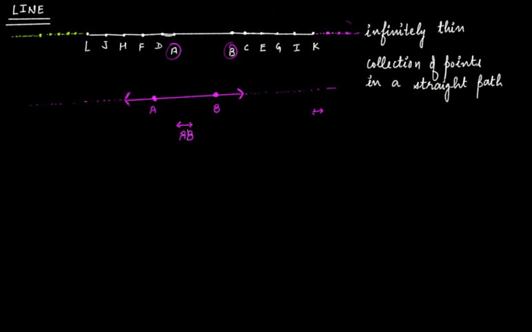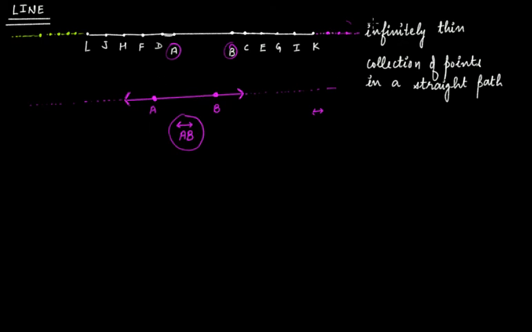These 2 points are not the endpoints. They are simply points using which you have drawn your line, and they are not denoting any endpoints. And this is the representation of a line. So if someone asks you what this is, you will say that this is a line between 2 points A, B. Again, A and B are not the endpoints, therefore there will be no endpoints of any line.